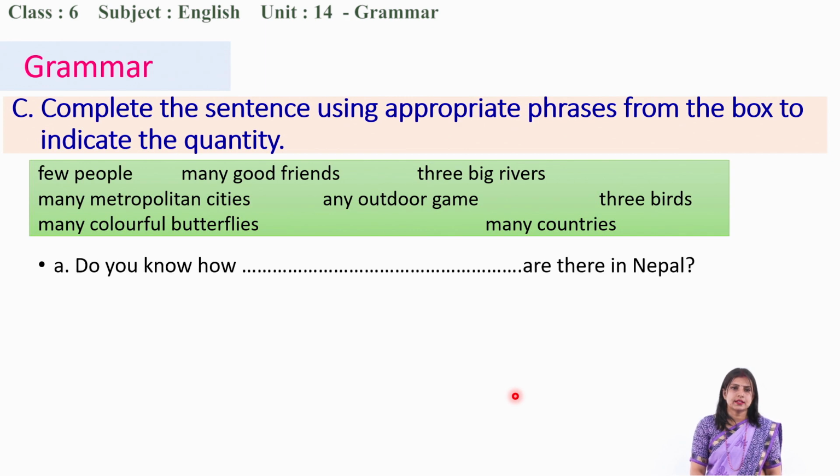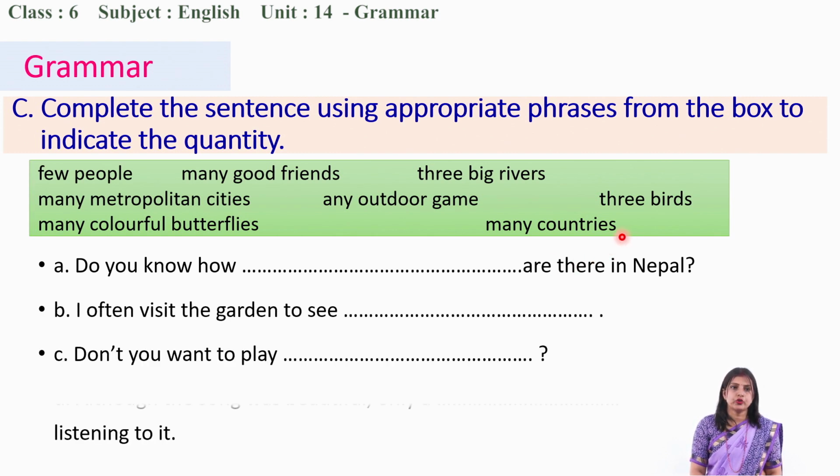Complete the sentences using appropriate phrases from the box to indicate the quantity. Yes. What indicates the quantity? Which word? Yes, it's quantifiers. So, you see there are some phrases given over here like few people, many good friends, 3 big rivers, many metropolitan cities, any outdoor game, 3 birds, many colorful butterflies, many countries.